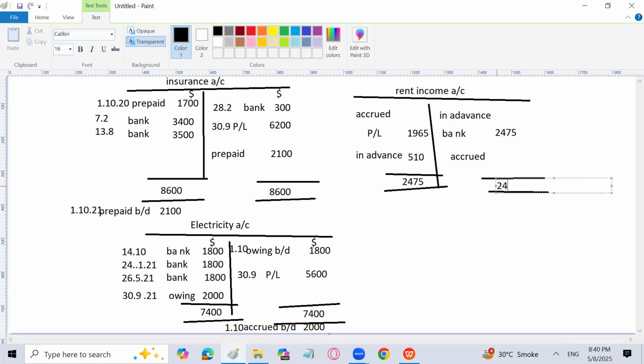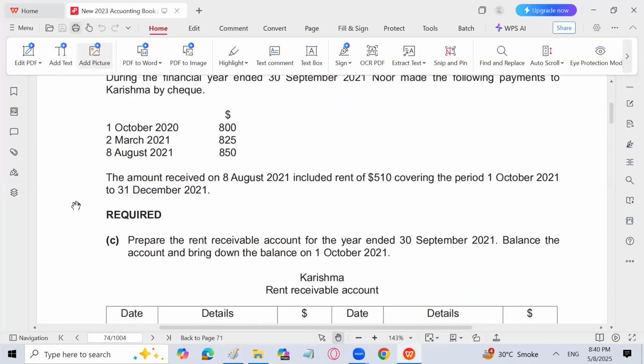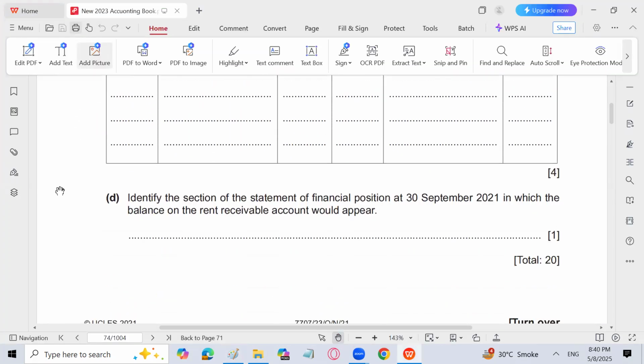If there had been a difference, I could have written it on the credit side as accrued carried down. If the difference was on the credit side, but there is no difference, so both amounts are going to be the same. No in advance brought down and no accrued brought down and carried down. Okay. So that's it. I prepared the income account also, which is the rent receivable account.